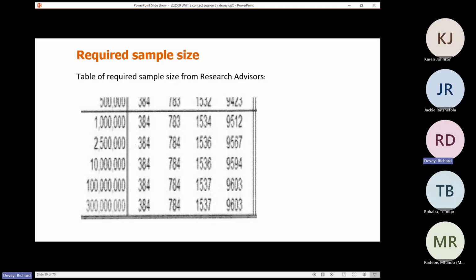So you go from 384 to 9,512 if you're going from a 5% error to a 1% error. But that number doesn't really change much if the population increases. Because 9,500 is a very large sample size, and it would be considered a good representation of a million people, or a million households, or a million documents.